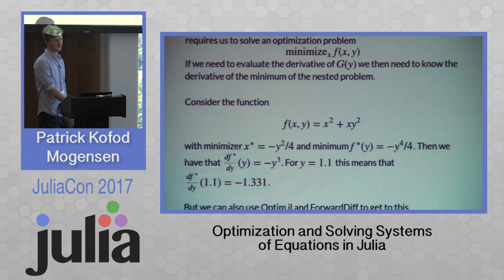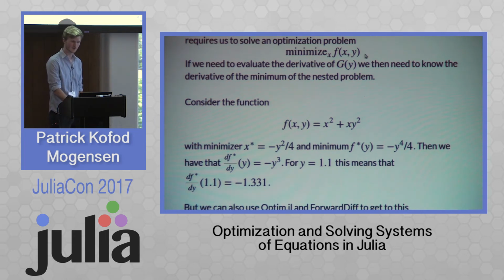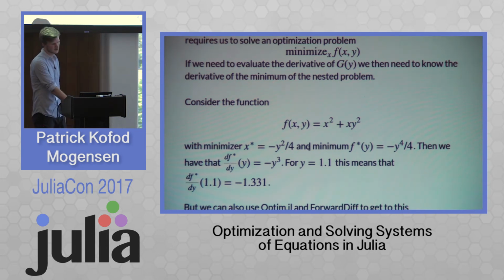So if you want to use a gradient or derivative-based method for solving this equation, then you need to be able to find the derivative of this problem with respect to y. So say we have some function f of x and y that looks like this. Then for a given y, we can find the minimizer x star, which has some value given some y.